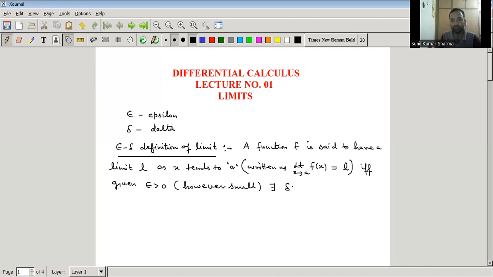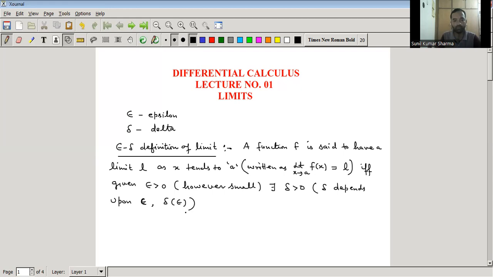Delta can be any real number, but we take a positive real number, so delta greater than 0, and this delta depends upon epsilon. So we write the symbol delta of epsilon in brackets.